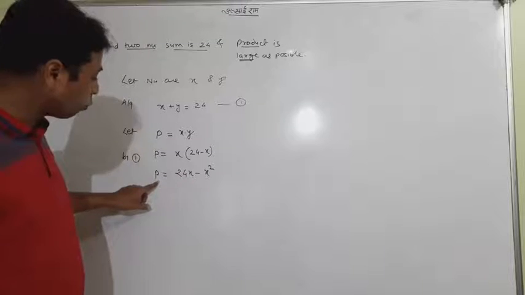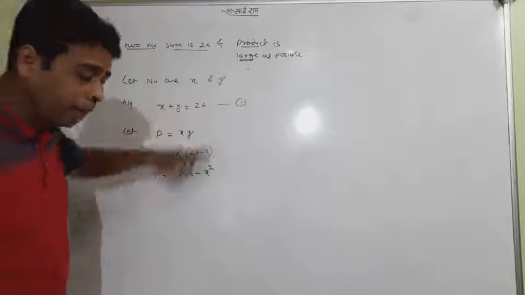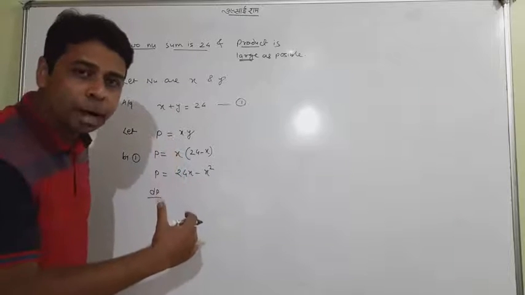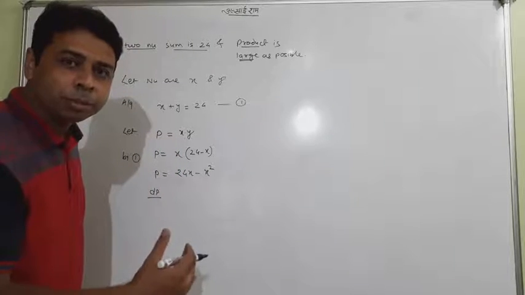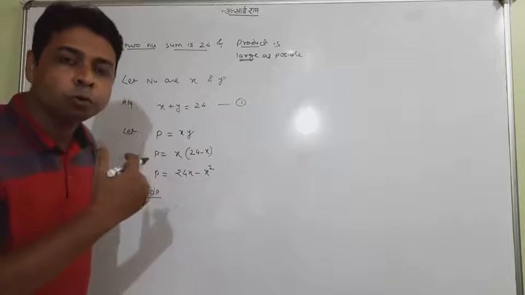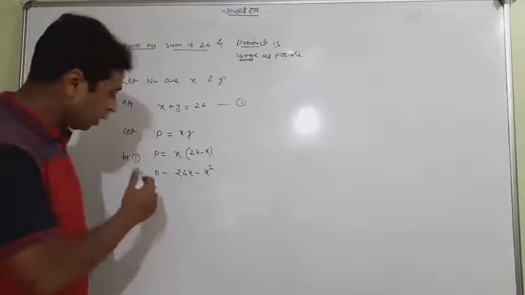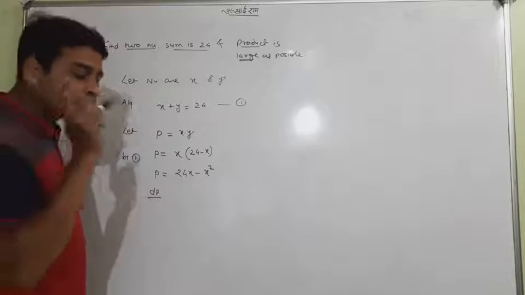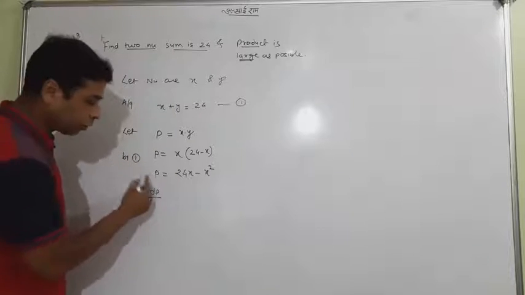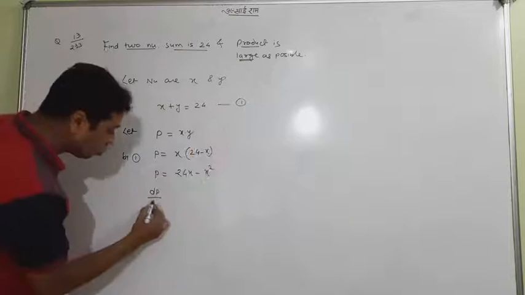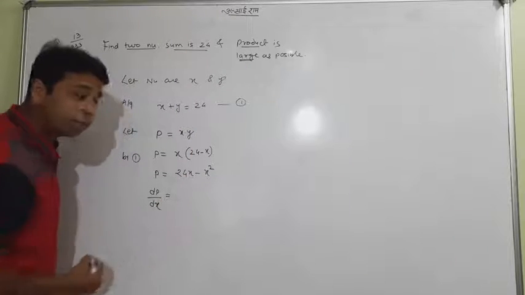Now we want to show P is a maximum, and what to do? dP by dx. Because till now you have shown y is a maximum with dy by dx, then d square y by dx square, then checked at the critical point. Here I will do the same, but instead of y I have P as the function. So I'll go with dP by dx.